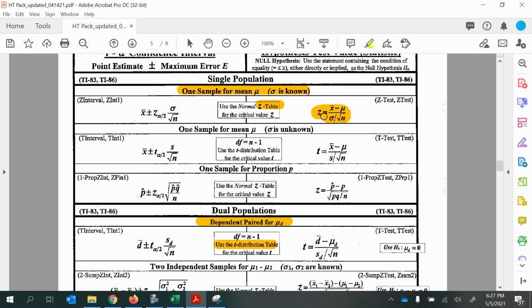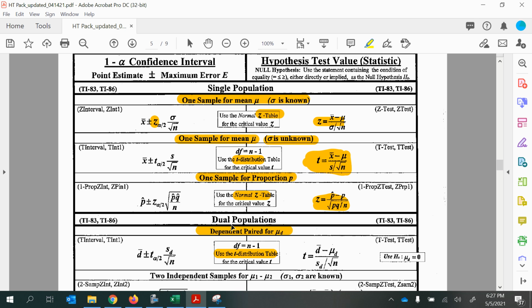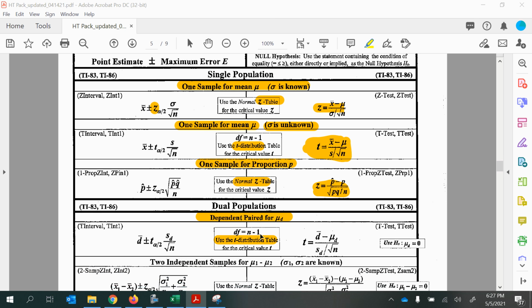Also for your critical values, the alpha half, if you're doing a confidence interval, is it one sample mean mu where sigma is unknown, and then you're going to be doing a t-distribution situation again, or is it one sample proportion p, which is always using the normal z's, right? So you just have to really look at your formula sheet, pay attention.